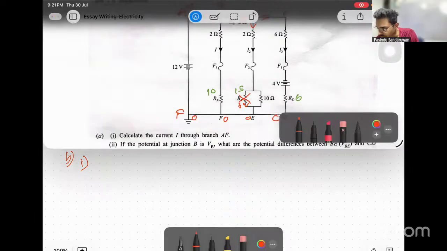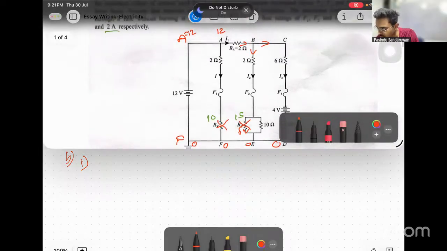Rs is a short circuit like this. Then if Rs is a short circuit, there is no potential difference between A and B, right?